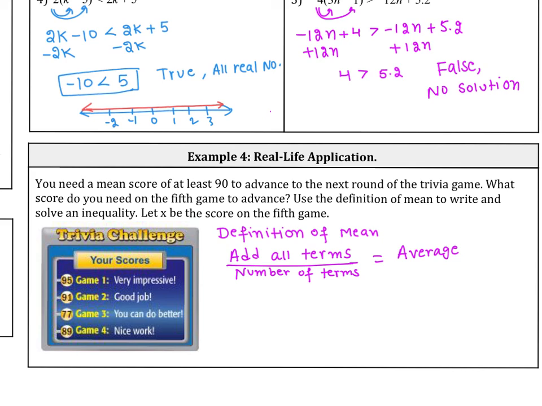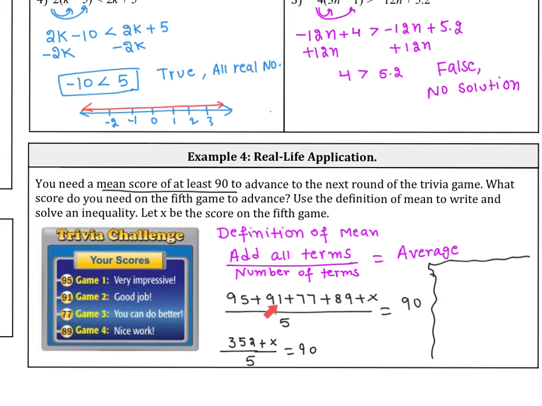So our equation is going to look like 95 plus 91 plus 77 plus 89 plus x divided by the number of terms that is 5, and the average or mean score is given as 90.